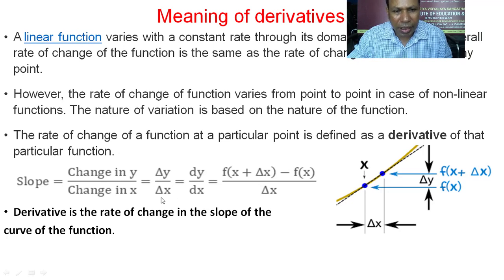When this delta x is very, very small, delta y also is proportionately very, very small, and this delta y by delta x becomes dy by dx, which is f of x plus delta x minus f of x by delta x. So the derivative is the rate of change, the slope of the curve of the function.